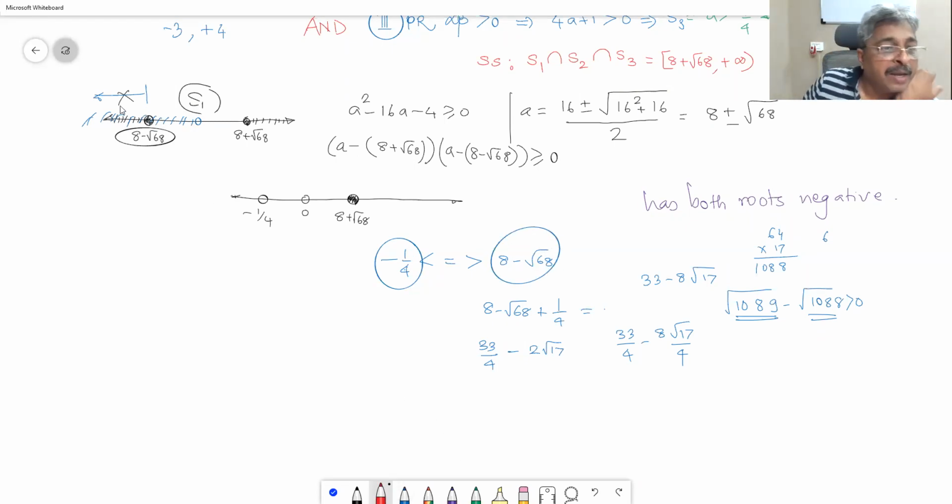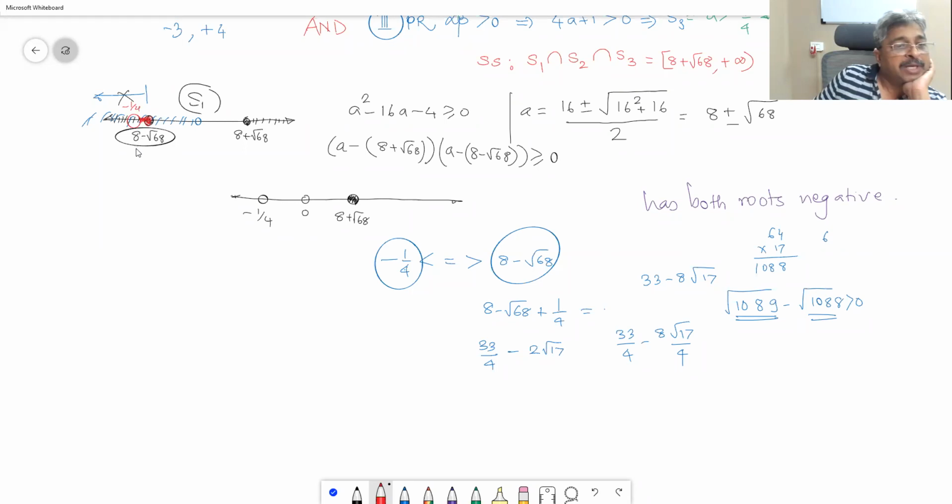If it is to the left, suppose minus 1 by 4 is sitting here with a hollow circle, then the points between them will be the solution set, inclusive of 8 minus root 68.